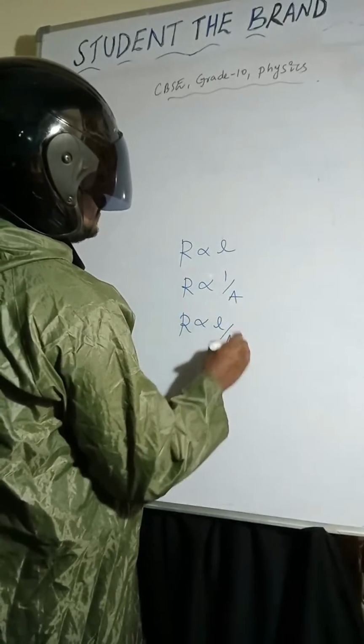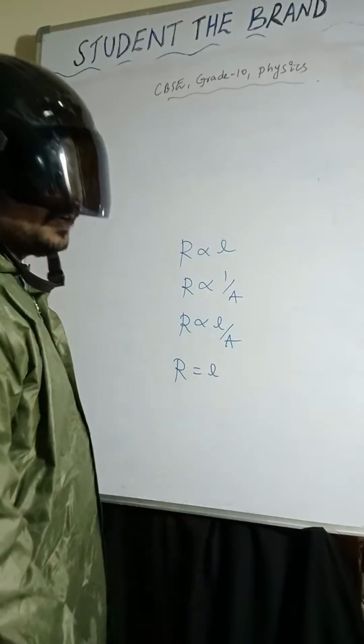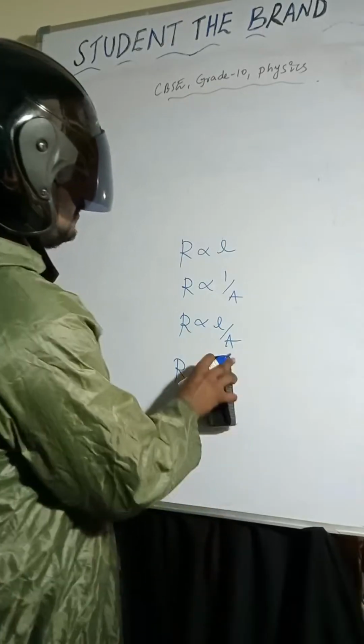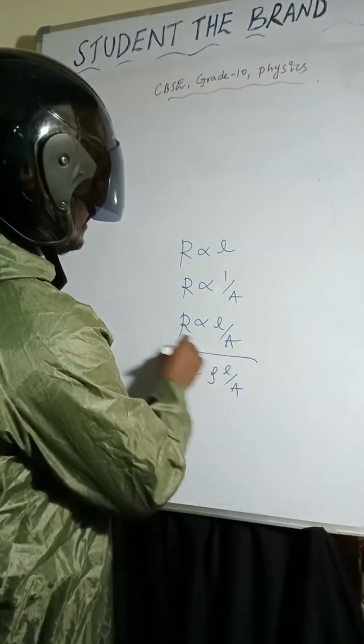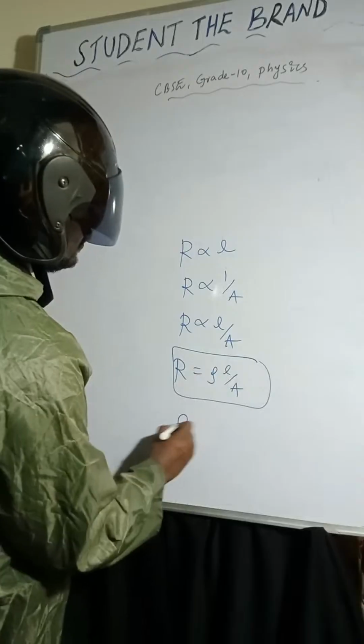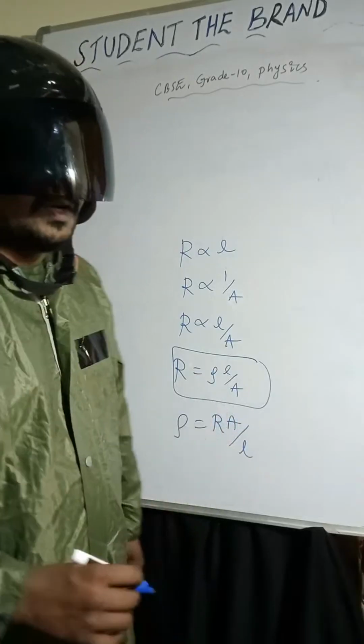R is directly proportional to L by A. R equal to rho into L by A. Okay. So rho equal to, what is that? RA by L. Is it clear? Rho equal to RA by L.